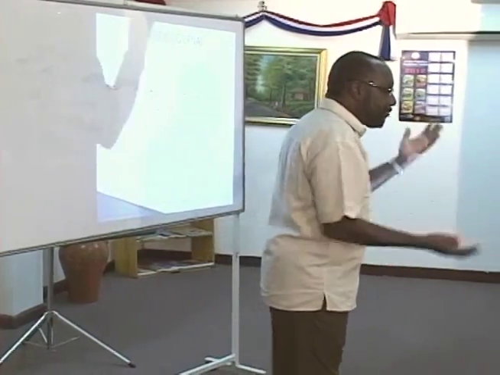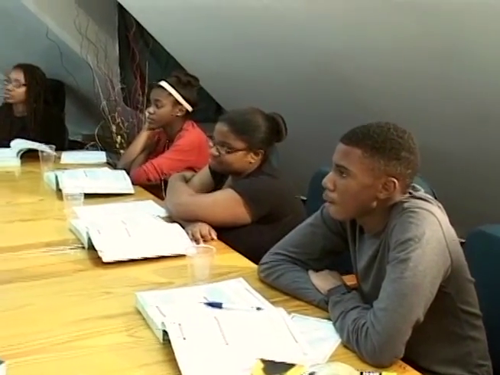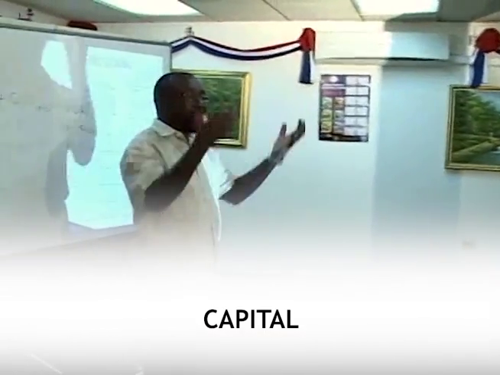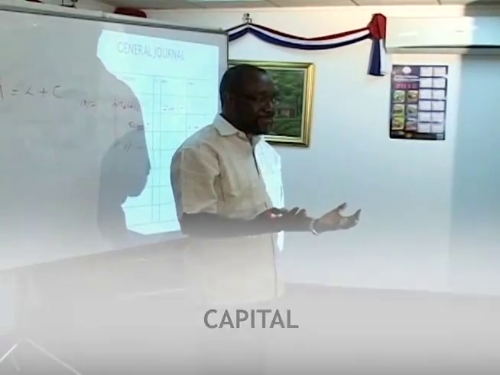And in accounting, things have to remain in balance. So the point is, when you are given a list of assets, a list of liabilities, and you total them and find that the assets are more than the liabilities, the missing figure is going to be what? Capital. Say that again. Capital. Good. Because things must remain in balance.